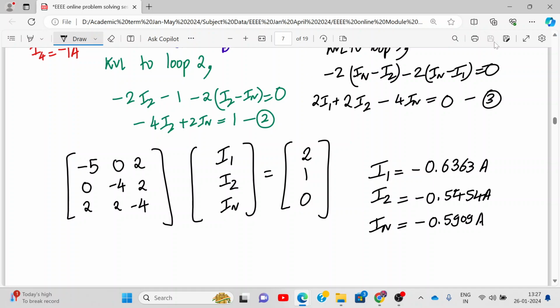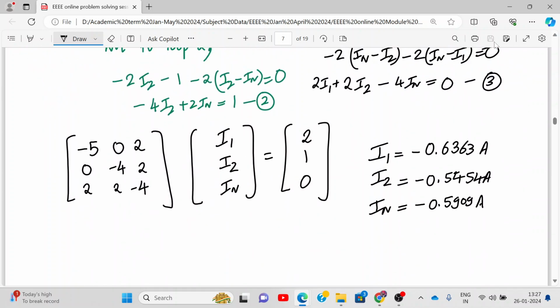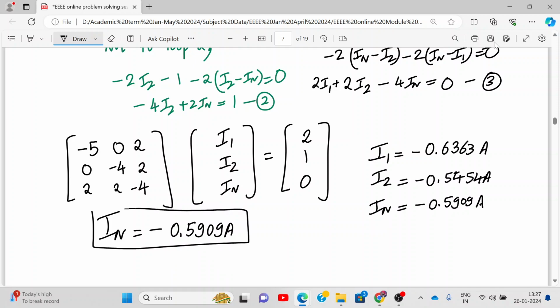Anyone else getting the same answers? Just for confirmation. Yes or no? Alright. So Norton's current is minus 0.5909, right? So what will be the next step?